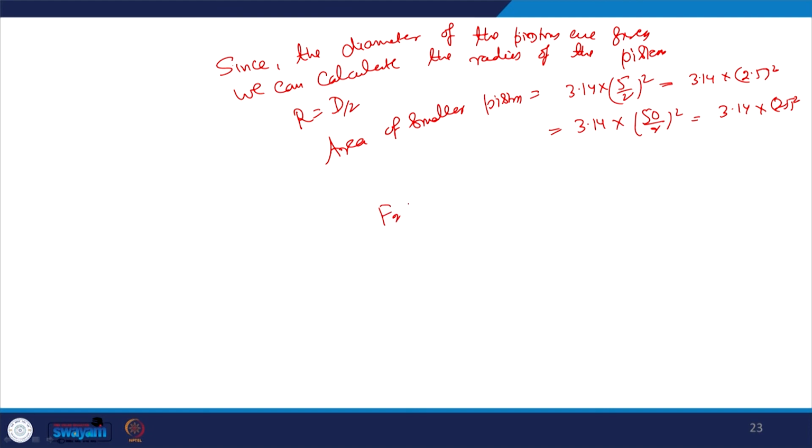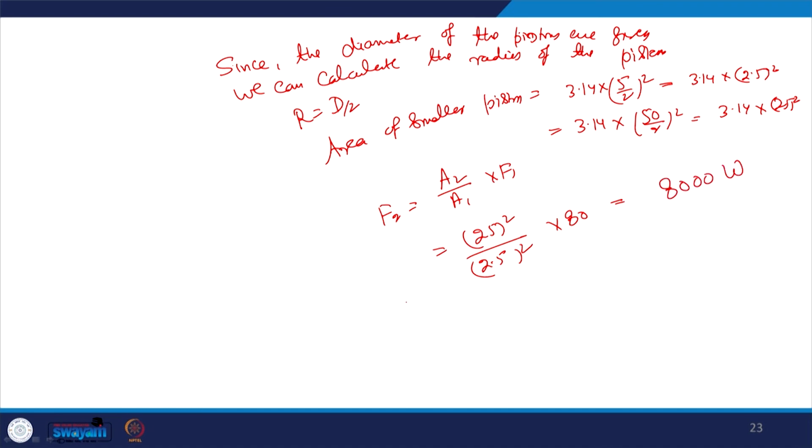So, F2, that is the force on the second piston, is equal to A2 upon A1 into F1, and that is 25 square upon 2.5 square into 80, and that comes out to be 8000 Newton.